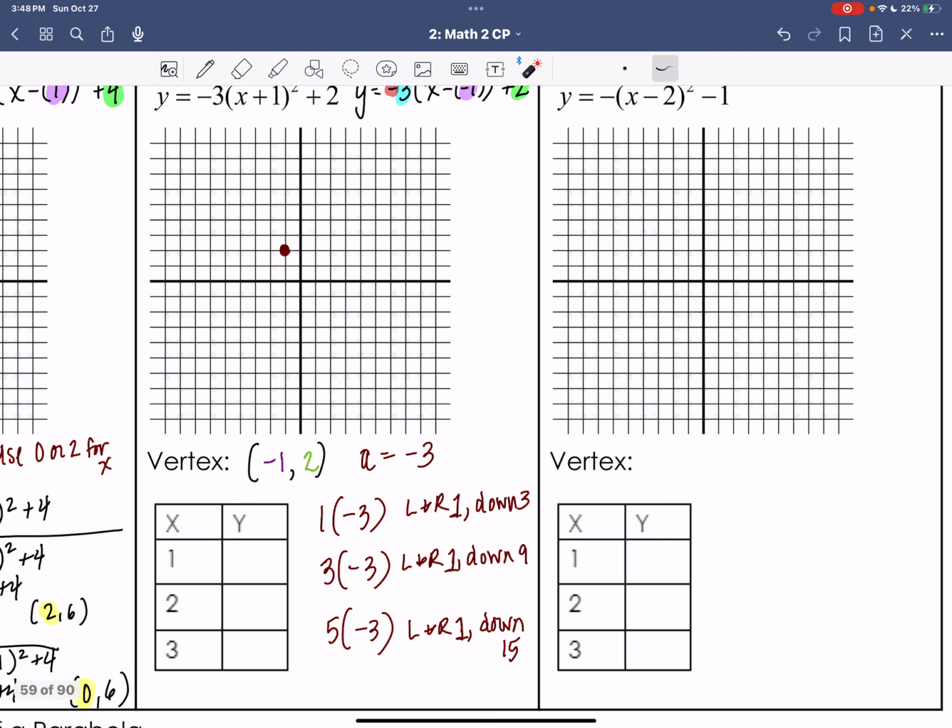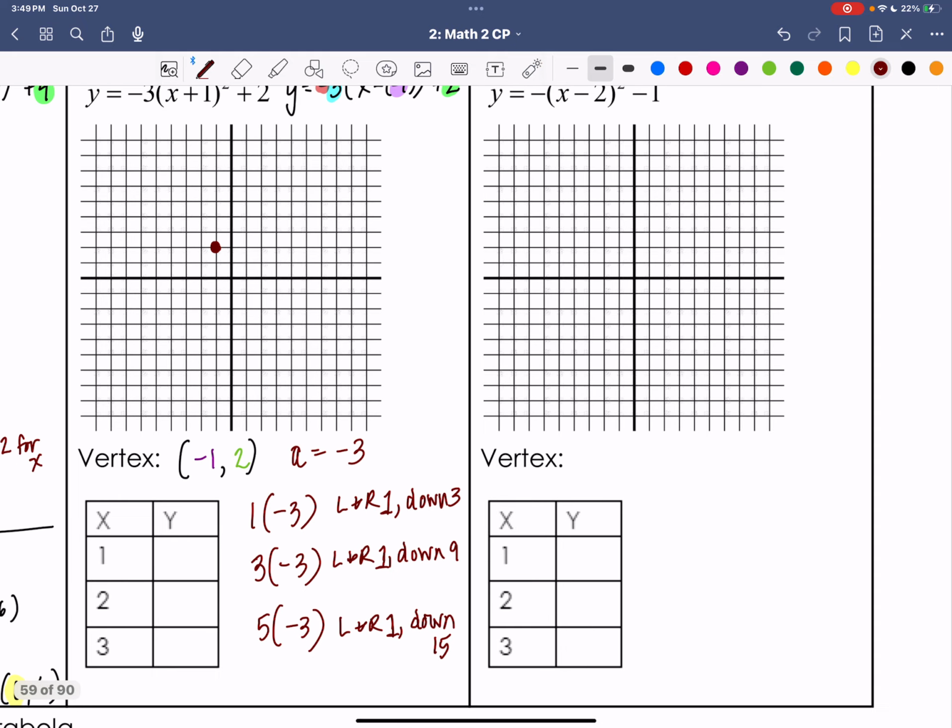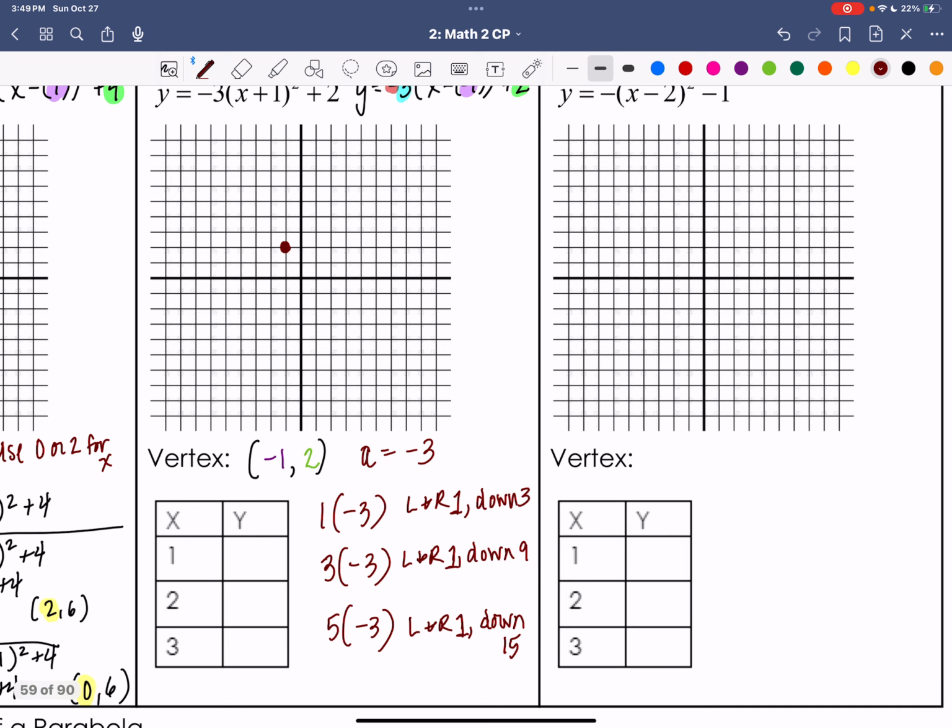So what I'm going to do is substitute in A, and I'm going to go left to right 1, and then since A is -3, I'm going to go down 3. So let's go ahead.